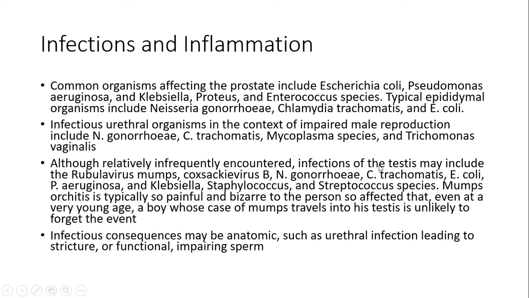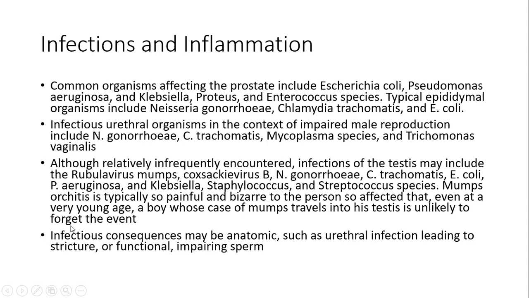Infrequently encountered infections in the testes may include rubella virus, mumps, Coxsackie virus B, Neisseria gonorrhoeae, Trichomonas, Escherichia coli, Klebsiella, Staphylococcus, and Streptococcus species. Mumps orchitis can cause impairment of normal sperm synthesis.